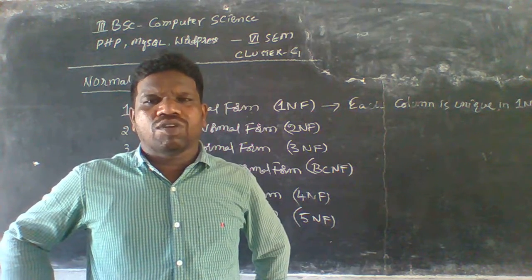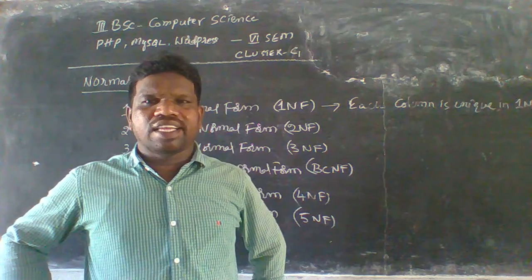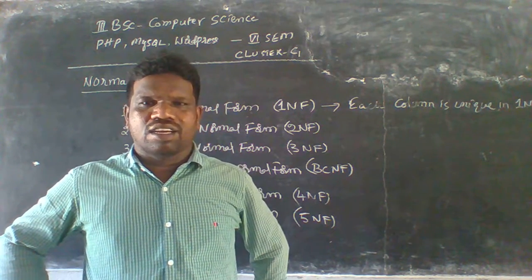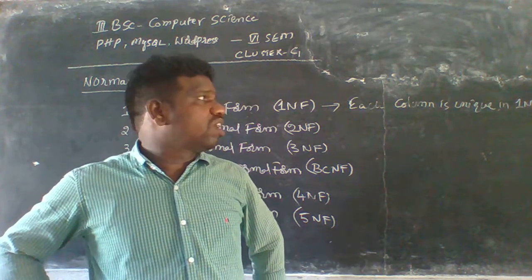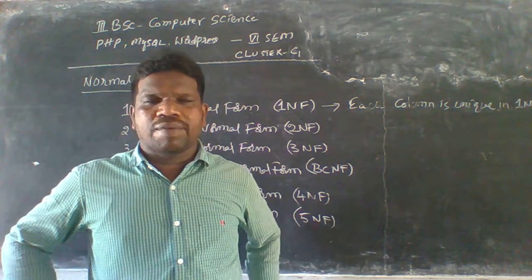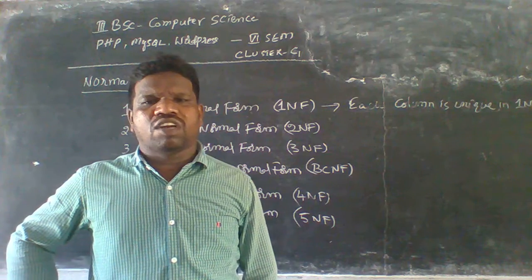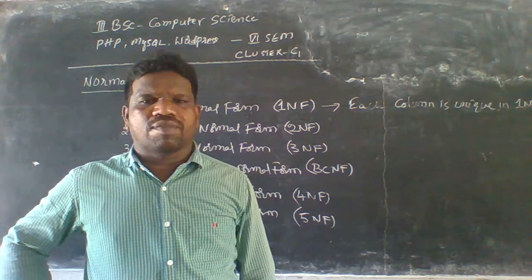So the primary key is also used in the first normal form, and that's why each column is unique in first normal form.